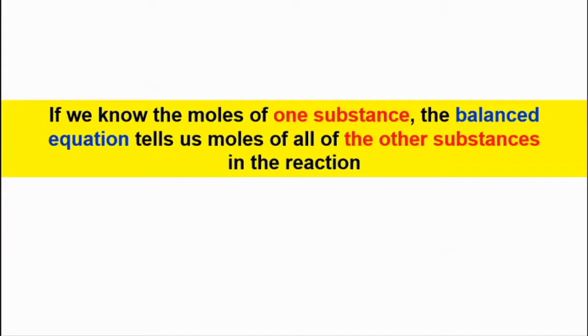Right, class, let's say we have a balanced chemical equation. So if we know the moles of one substance in the balanced equation, of course, the balanced equation tells us the moles of all of the other substances in the same reaction.